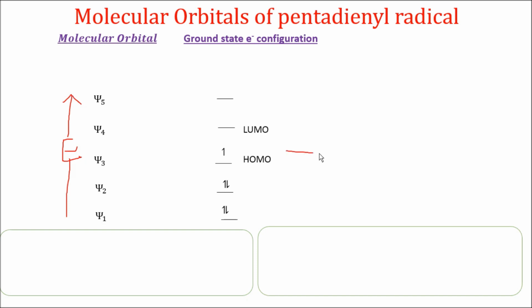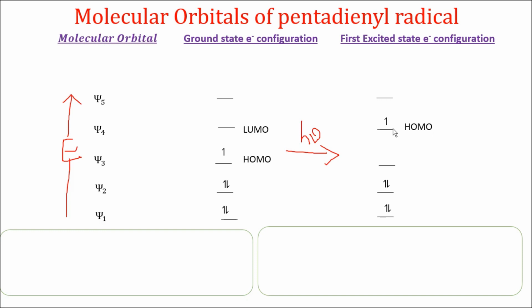When you irradiate this pentadienyl radical, what will happen? The psi3 electron is promoted to the psi4 orbital. In the first excited state, psi4 has the electron with the highest energy, so it becomes HOMO, and psi3 becomes LUMO. The thermal condition electronic configuration is psi1 2, psi2 2, psi3 1, psi4 0, psi5 0.